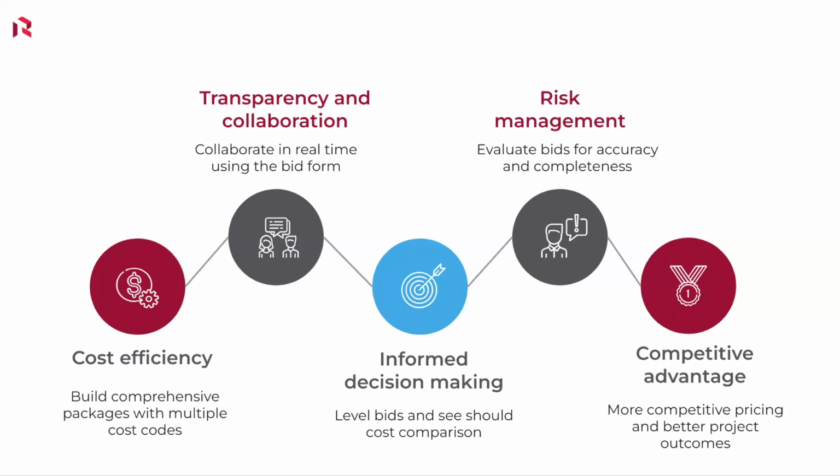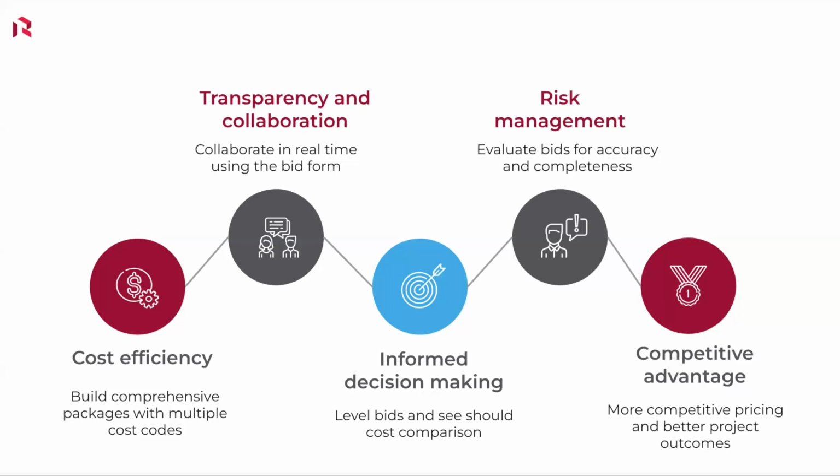Next, we have transparency and collaboration. The bid leveling process promotes transparency, providing a clear, objective comparison of all submitted bids. This helps in maintaining fairness and avoiding potential disputes or favoritism. A transparent and fair bid leveling process fosters stronger relationships with subcontractors and suppliers.